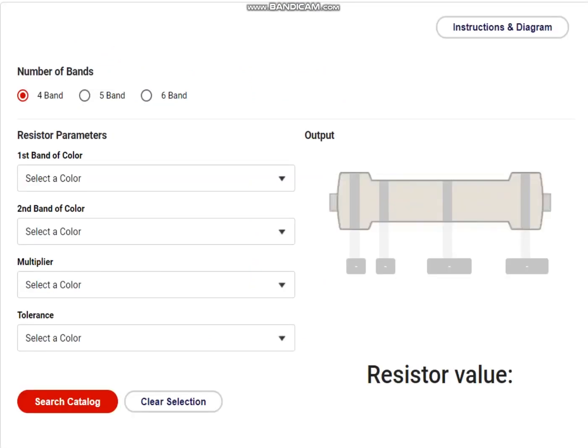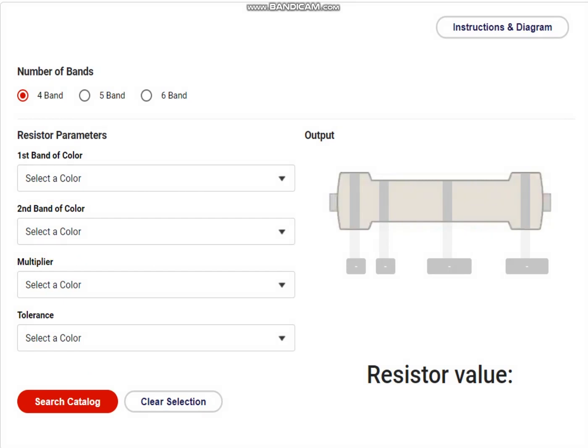4 band resistance. So you can see now that I am on that web link to calculate my resistance value. It gives you the option to select colors and then it calculates it for you. Choose the first color band here.